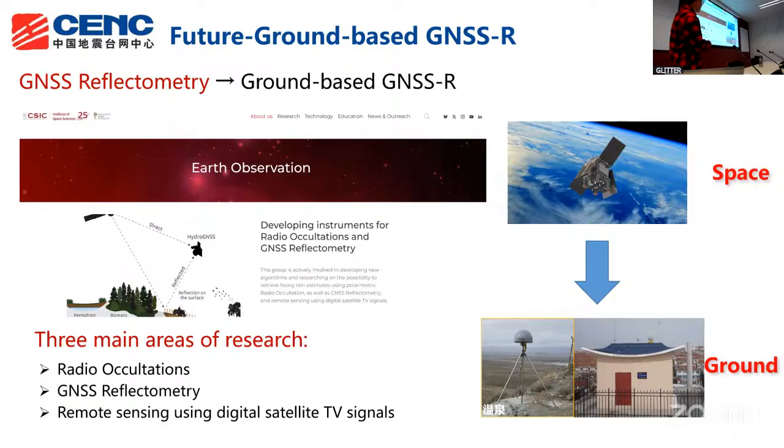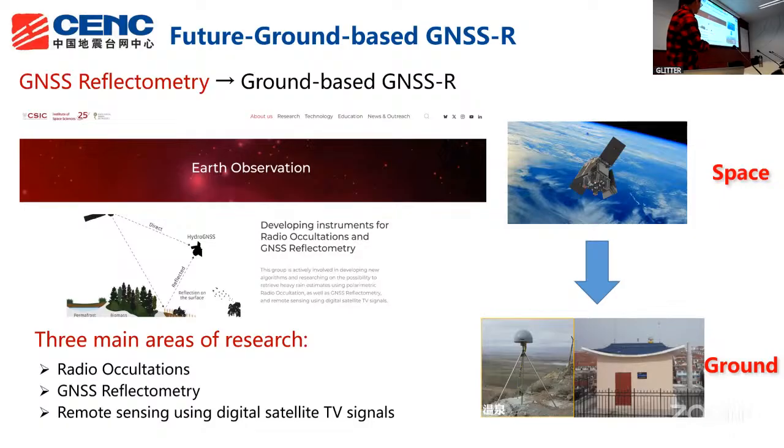The Earth observation group has three main areas of research. One is radio occultation, the other is GNSS reflectometry, and the third is remote sensing using digital satellite TV signals. So first, I think I want to use the ground-based GNSS stations to do some GNSS reflectometry.